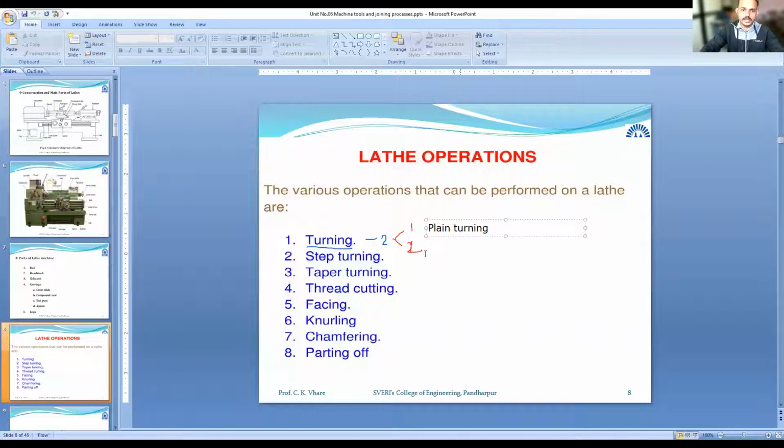Plain turning and taper turning. Some words are new for you, but try to remember them. Plain turning means we have to reduce the diameter of the shaft. Suppose this is the shaft, I will draw a straight line.